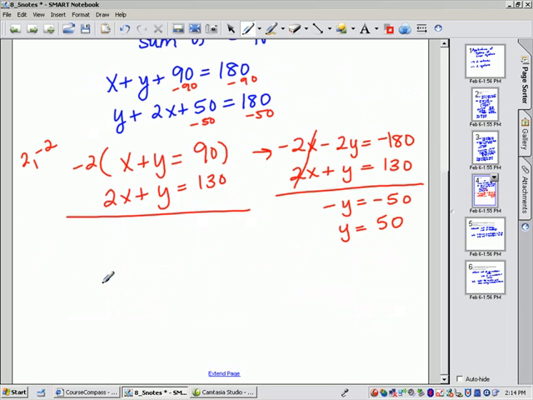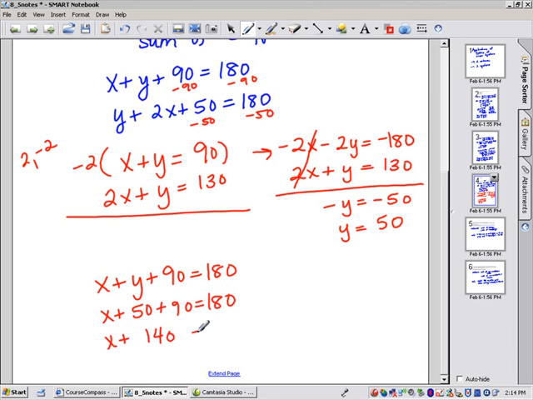If we know that x plus y plus 90 is 180, and we know that y is 50, we can find that this is x plus 140 equals 180, or rather, subtracting 140 from both sides gives us x to be 40. So the measure of the angles is x is 40 degrees and y is 50 degrees.